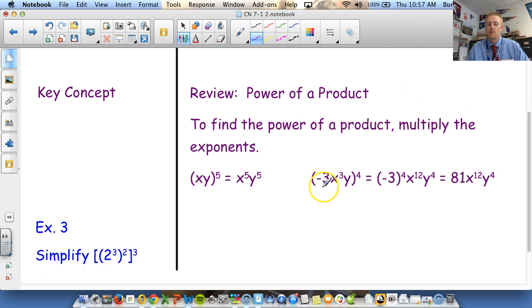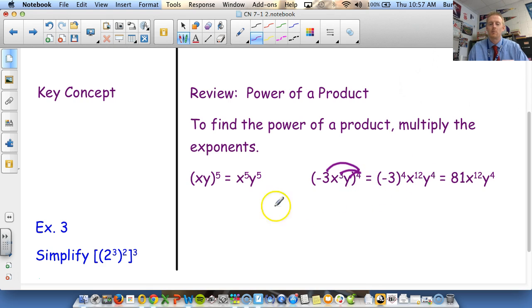On this other example, if I have a negative 3, so there's a number in the coefficient, that also gets to the 4th power. So this 4th power goes to the coefficient, and then both of our variable letters. So this would be a negative 3 to the 4th, and x to the 3rd times an x to the 4th, which multiplies them. And then we have a y to the 1st being to the 4th.